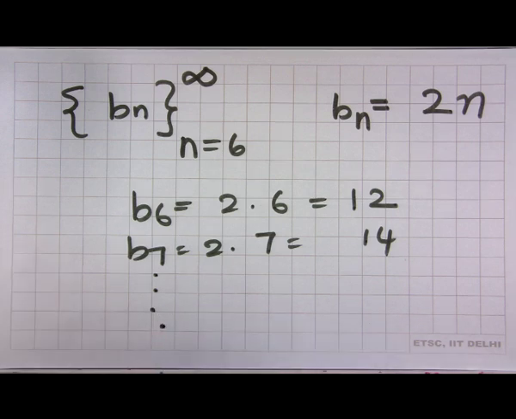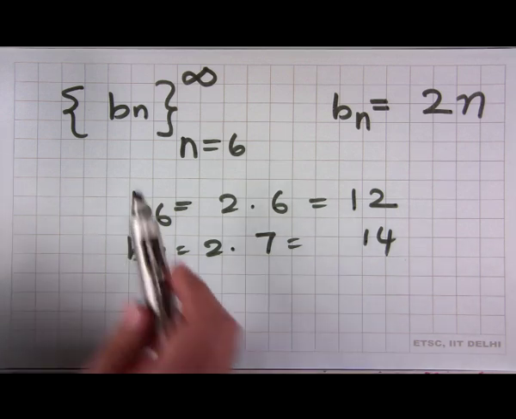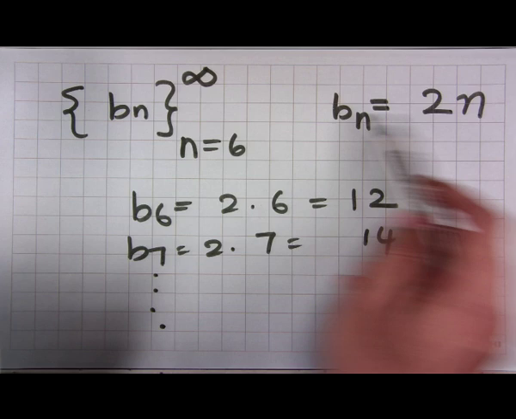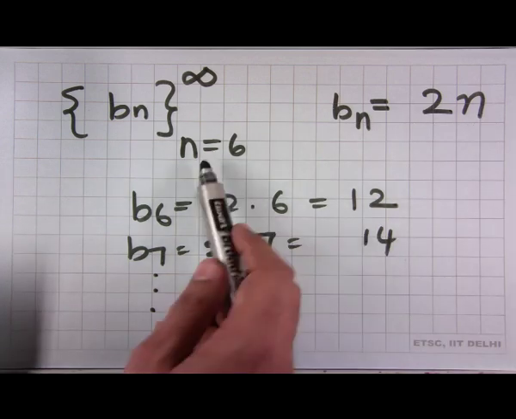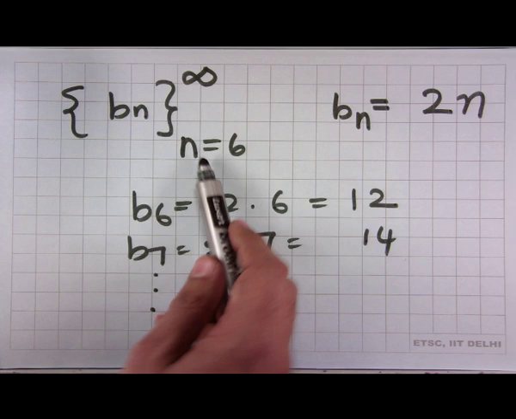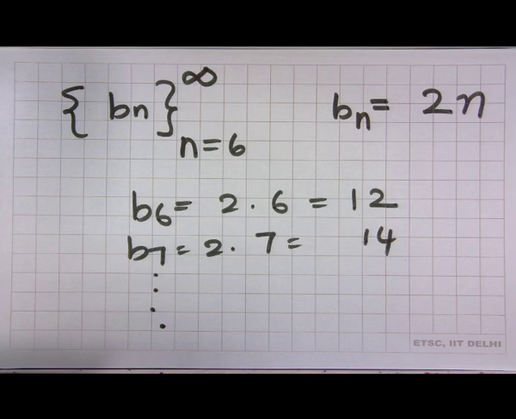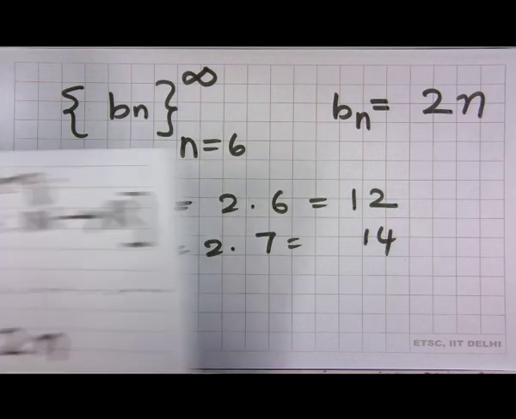So, the same sequence can be described with b_n, where b_n is given by the rule 2n, but now n starts from 6 and continues up to infinity.